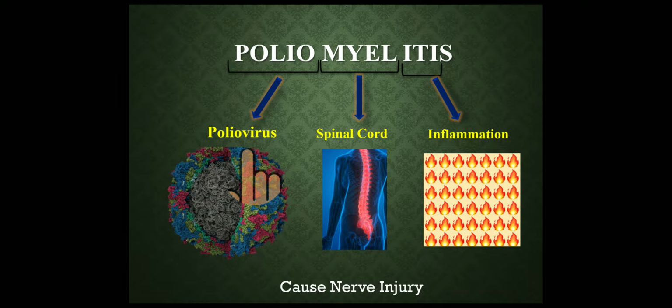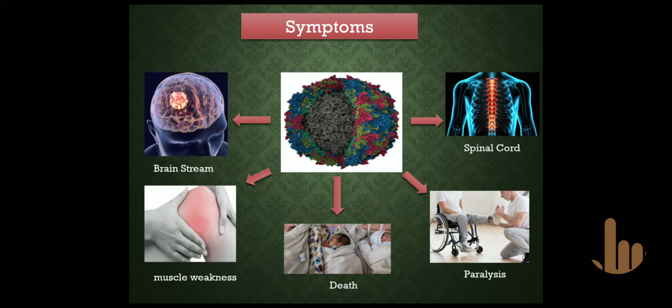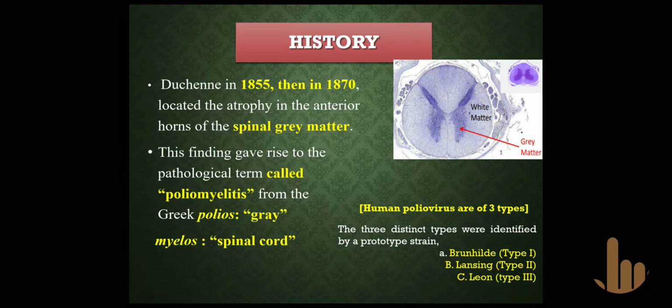Polio stands for poliovirus, myel stands for spinal cord, and itis stands for inflammation. So when this virus attacks, we get inflammation especially at our spinal cord, and that leads to nerve injury. The symptoms are inflammation in the spinal cord, paralysis, brainstem involvement, muscle weakness, and sometimes it leads to death also.